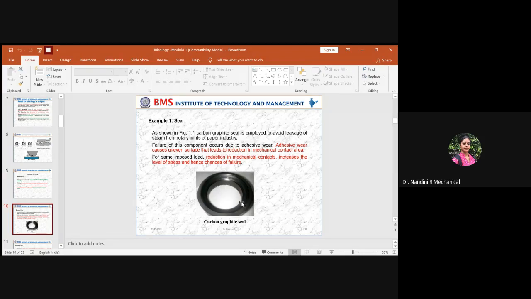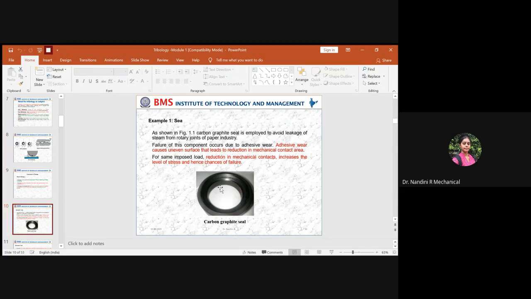Due to this variation and the rough surface across the rotary motion, it will result in uneven levels of stress. Due to this uneven level of stress, there will be a chance of failure. So you cannot use this carbon graphite seal for a longer run. You can tell that it has to be changed, as it is resulting in variation in the stresses.